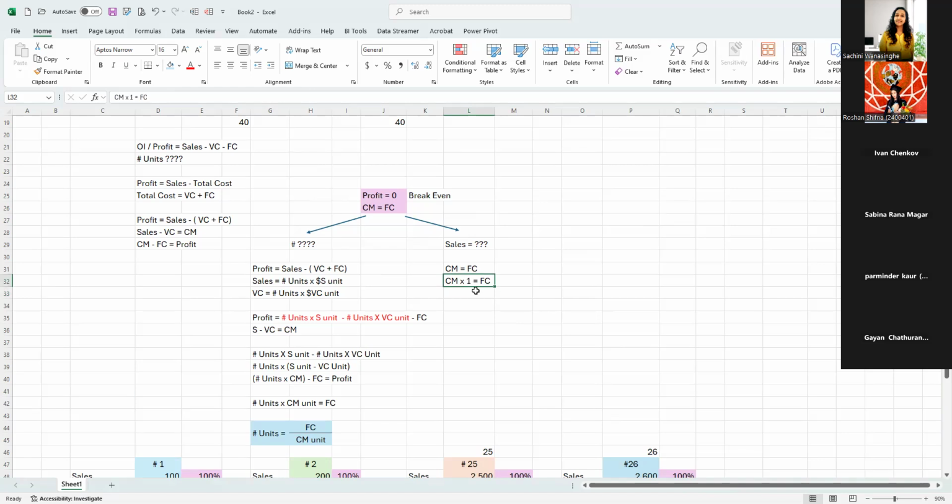But is that going to change the result? No. But can I say 1 is equal to sales divided by sales? Can I say that? If you take sales divided by sales, it's going to give me 1? Yes.